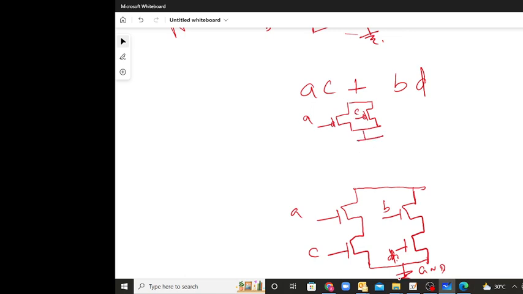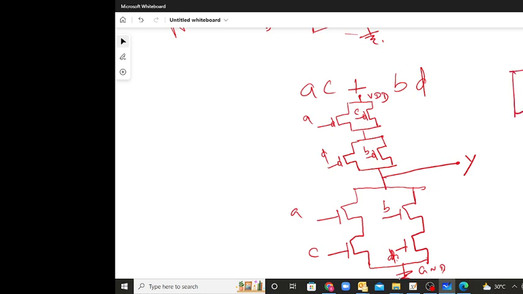Similarly you have one more connection, BD. Connect these two networks, this network and this network. In between you will take the output, and at the top you will connect it to the power supply VDD, and the bottom you will connect to the ground. So it will be like this.